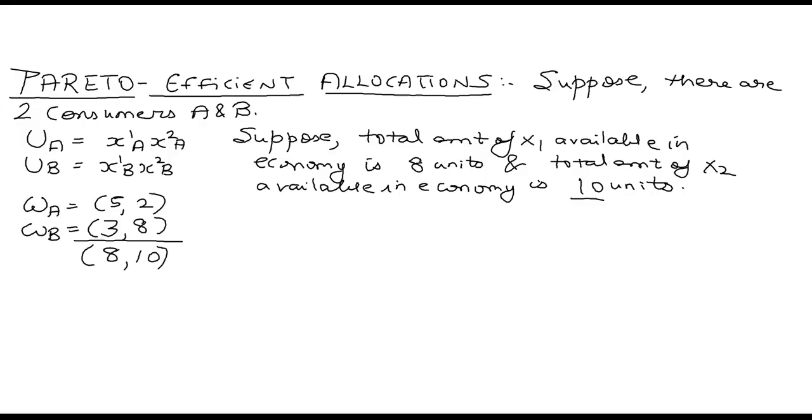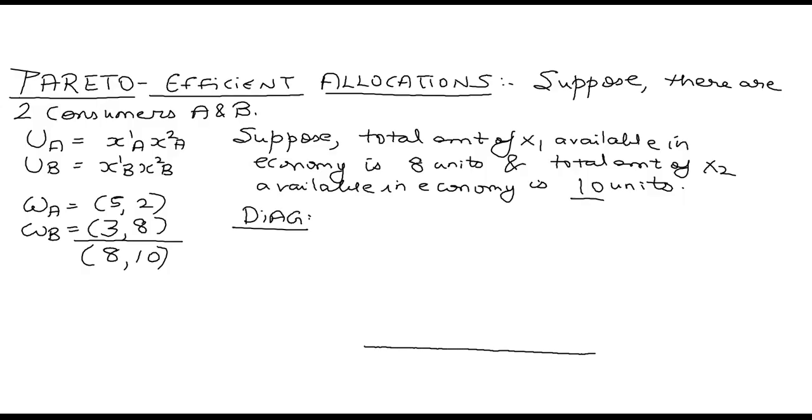Okay, so we can plot this in the Edgeworth box. So all of you focus on the diagram I am drawing. Now the length of the Edgeworth box denotes the total amount of good 1 available in the economy, and the breadth denotes the total amount of good 2. So I can draw a line of length around 8 centimeters.